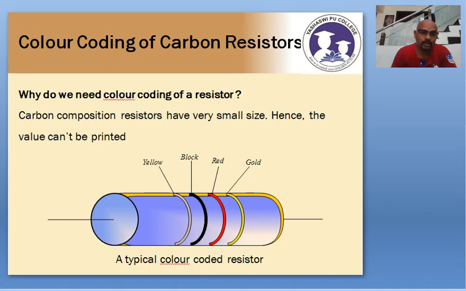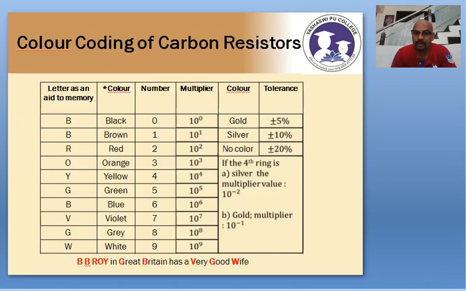To understand very clearly, notice this. If the color is black, the number associated with that is 0. Similarly, brown 1, red 2, orange 3, yellow 4, green 5, blue 6, violet 7, grey 8, white 9.